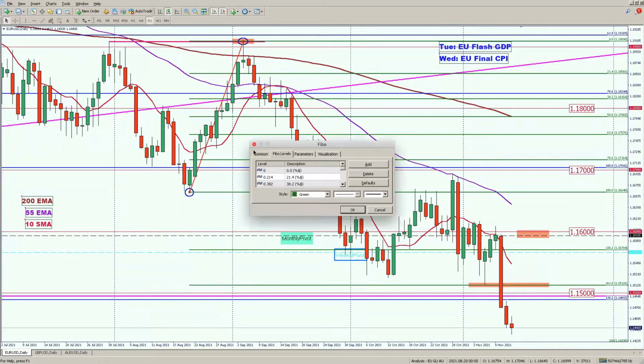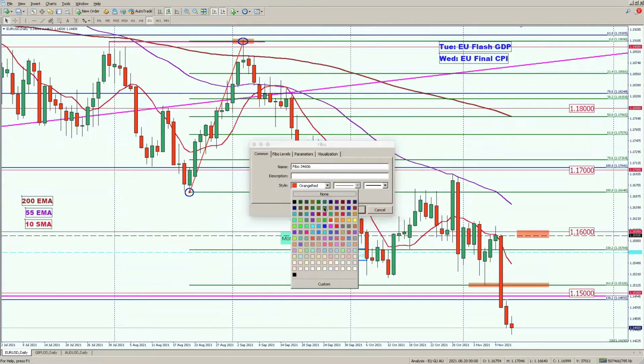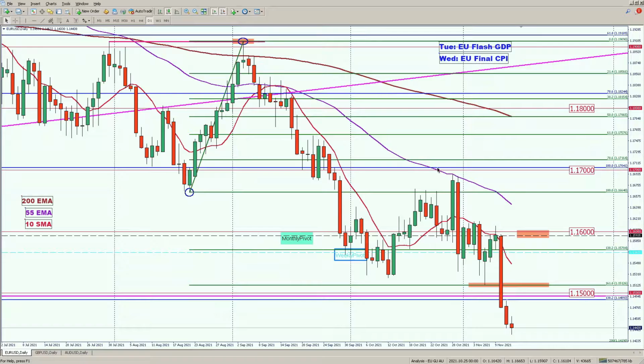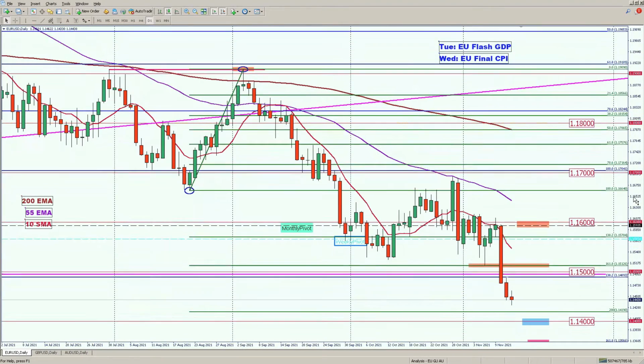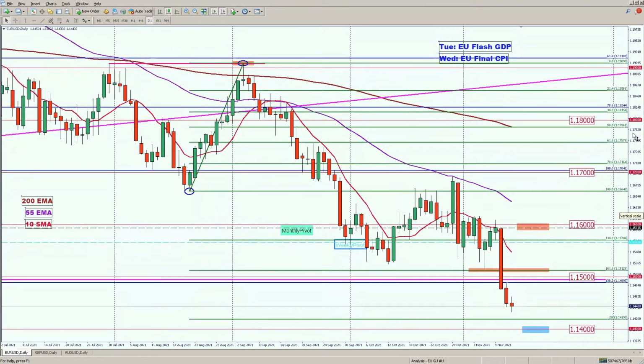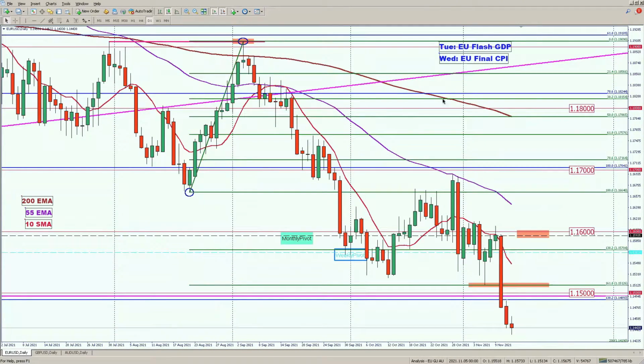Right, we'll just leave these two fibs for now. So next week, there's only a couple of minor news for the Eurozone and also some minor news from the US. So no major fundamental drivers there.